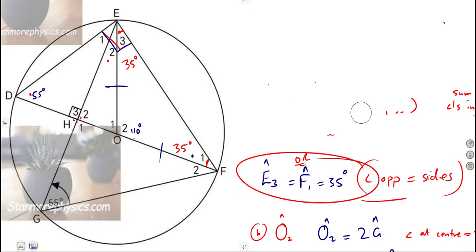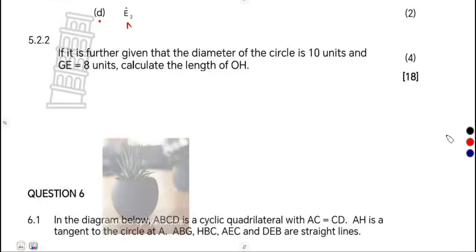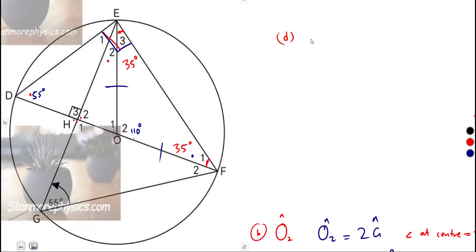So that's our part D. Let us figure out. That's E2, part D. To find angle E2, we can play around with the angles that we have.